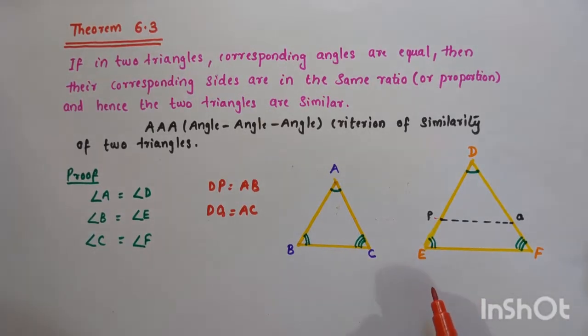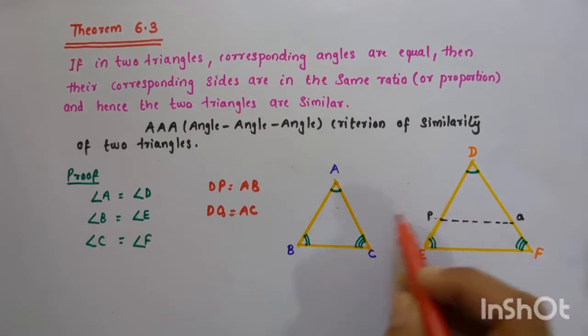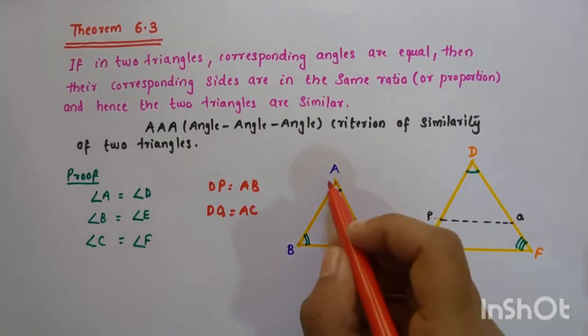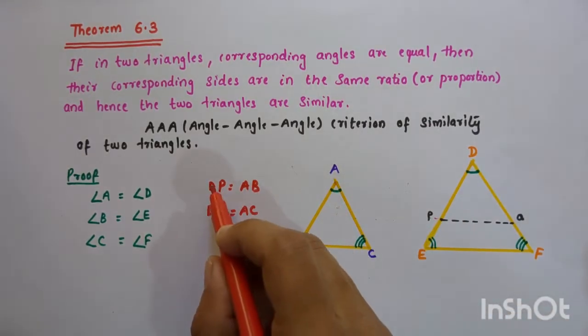So, while considering the two triangles, AB is equal to DP.